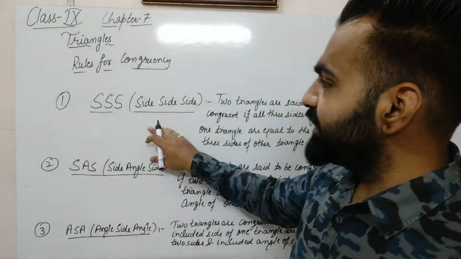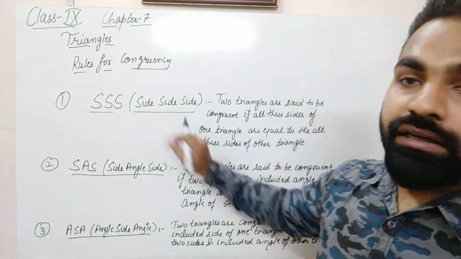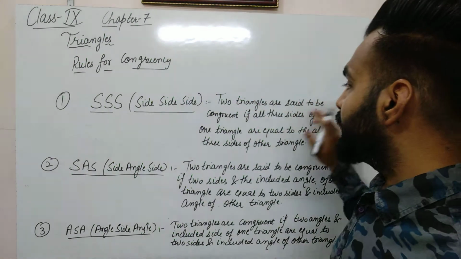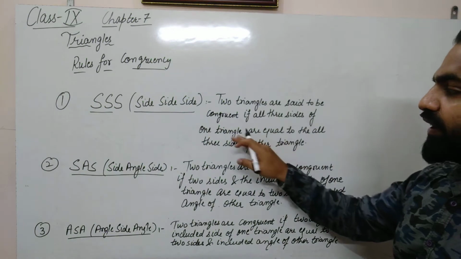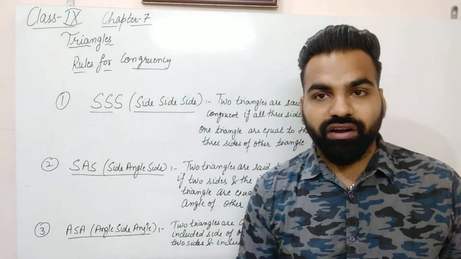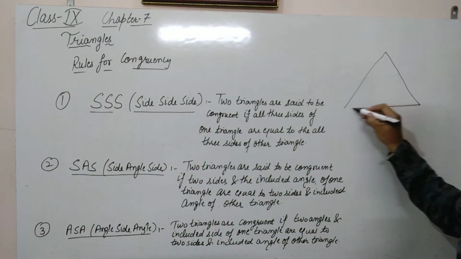So the first rule is SSS, that is side, side, side. This rule states that two triangles are said to be congruent if all three sides of one triangle are equal to all three sides of the second triangle. To understand it better, let us draw two triangles here.